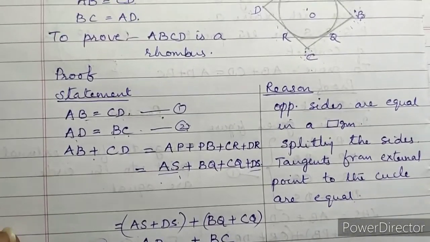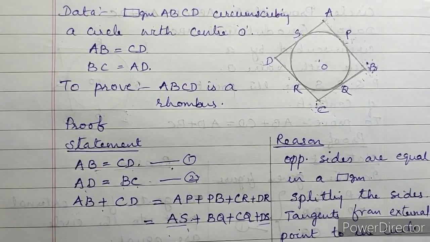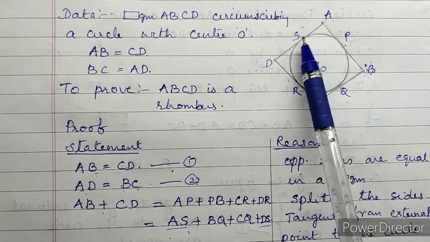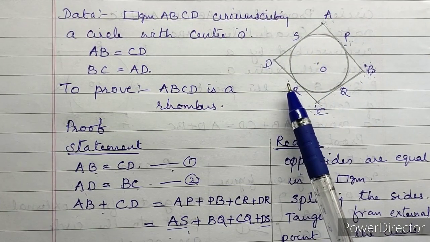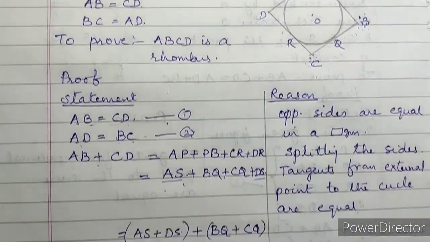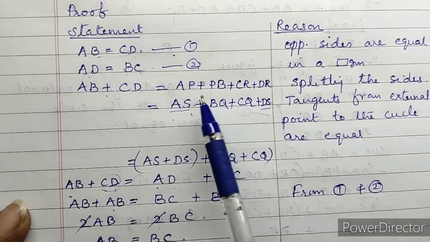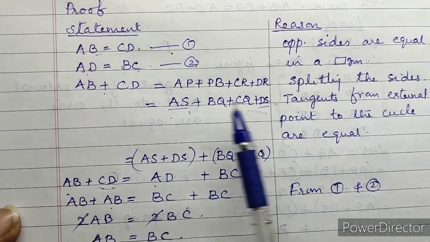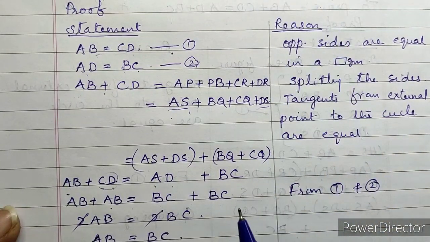So here what you have taken, the same as the previous sum only, you have taken the external point and the tangents. You know that tangents from external points are equal. You take the opposite sides AB and CD and add them, then split both the sides, then substitute that tangents are equal.